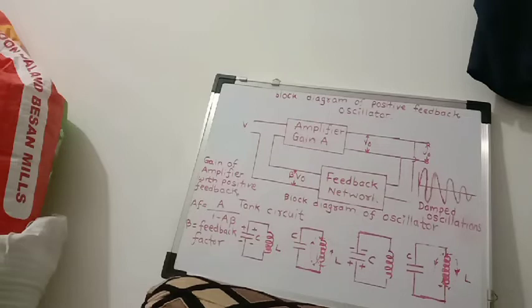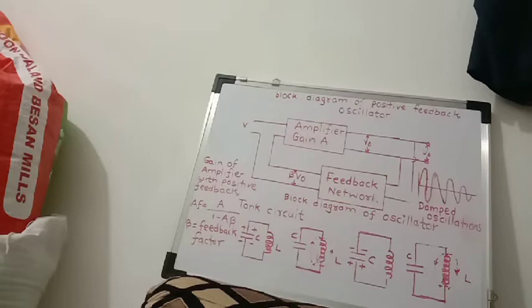Barkhausen criterion of oscillations. To produce sustained oscillations or continuous oscillations, there are two conditions.